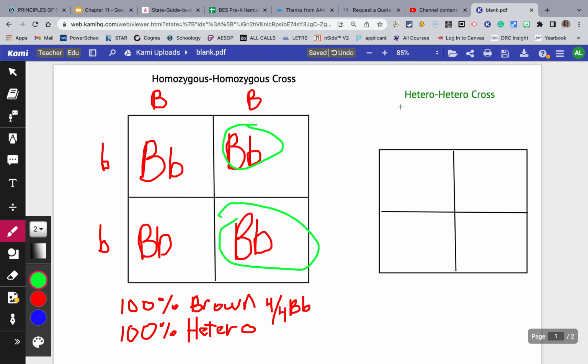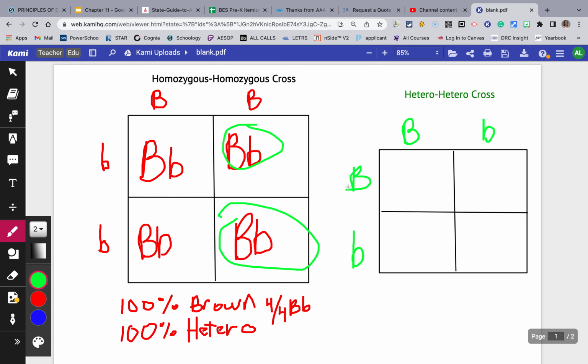I hope you can see blue, or I hope you can see green. All right, so I'm going to take this guy and put him on top. Big B, little b. You just put them directly over the squares. And I'm going to take this gal and put her on the side. Big B, little b. This on the left would be the parental cross, and this on the right, for Mendel's purposes, was the F1 generation cross. So it's a heterozygous cross.